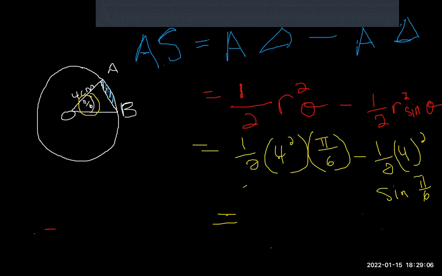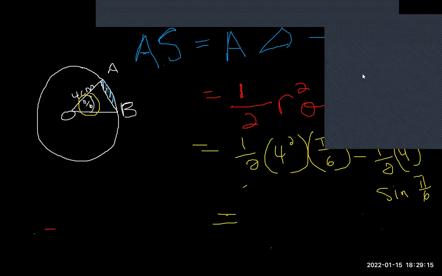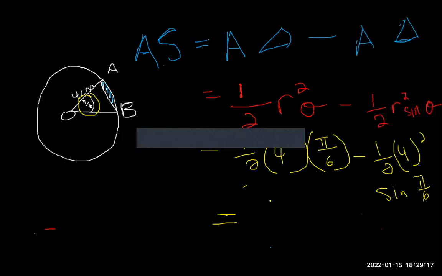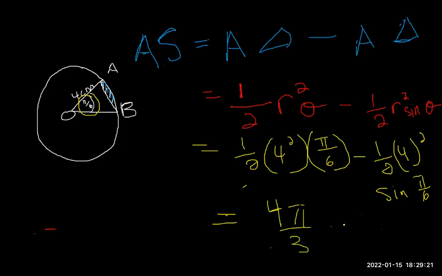Okay. But yeah, so it's a half by 16 by pi over 6. 4 squared is 16, divided by 2 is 8. So you could reduce that to 4 pi over 3. This is 16 divided by 2 is 8. 8 sine of pi over 6.